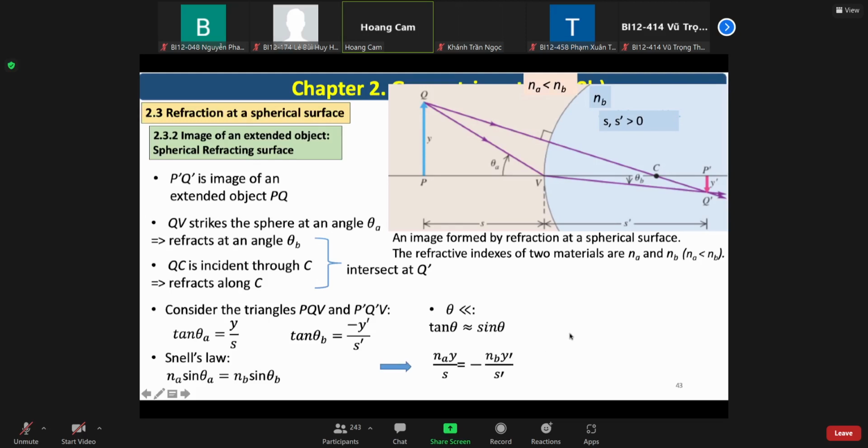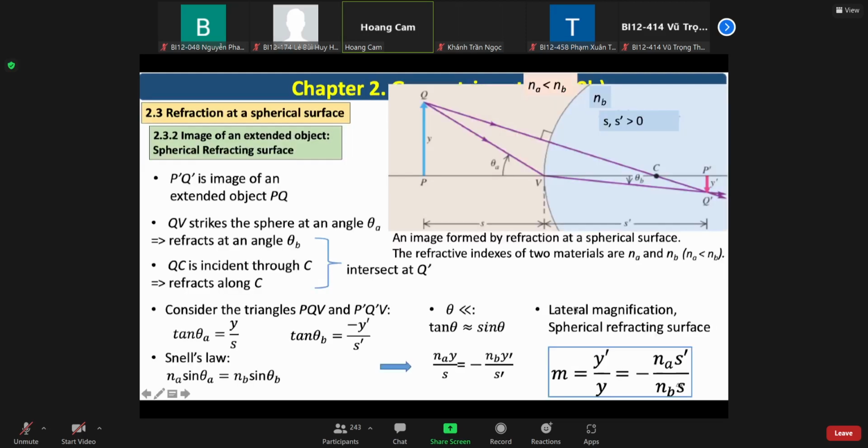You get the ratio y prime over y equals minus NA s prime over NB s. So this is how we prove the lateral magnification formula for the spherical refracting surface. Pay attention, the refracting and the reflecting cases will be different.